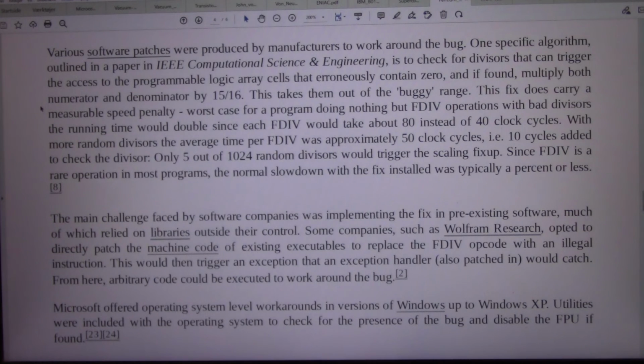This fix does carry a measurable speed penalty, worst case for a program doing nothing but FDIV operations with bad divisors. Running time would double since each FDIV would take about 80 instead of 40 clock cycles. With more random divisors, the average time per FDIV was approximately 50 clock cycles, i.e. 10 cycles added to check the divisor.